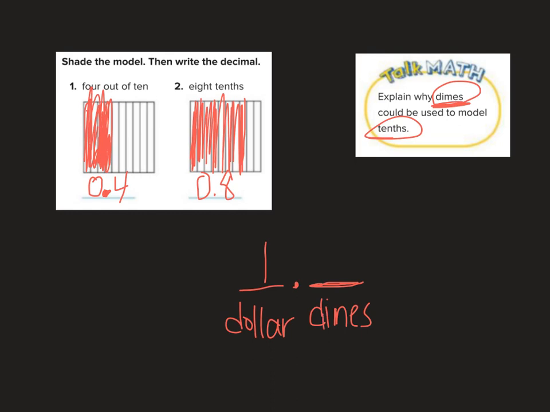Right? So like, let's say I have $3.80. How many dimes do I have? 8 dimes. Right? So I have 3 $1 and then I would have 8 dimes or 8 tenths. So let's keep working here. I just love that connection though between dimes and the tenths place.